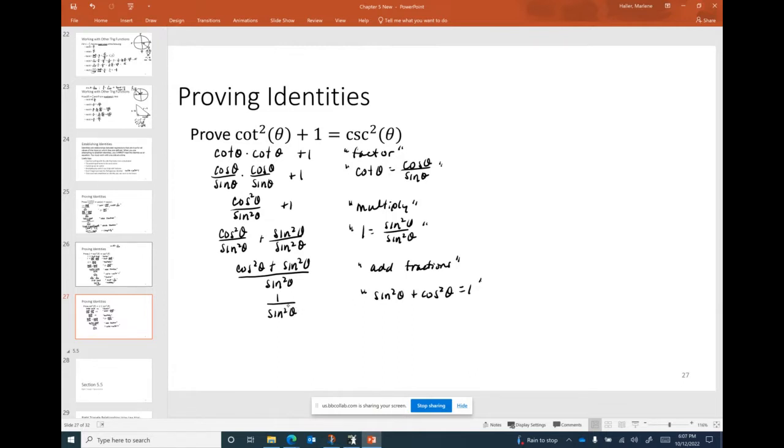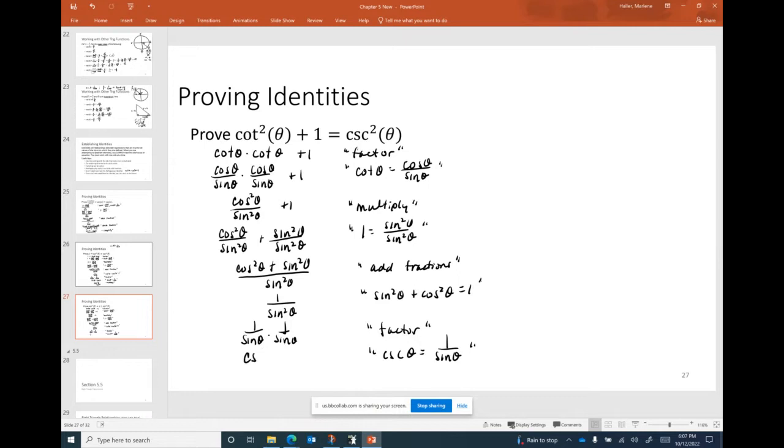Okay, we have no identities for sine squared theta, so let's factor it. And now make a substitution. The cosecant is equal to 1 over the sine.